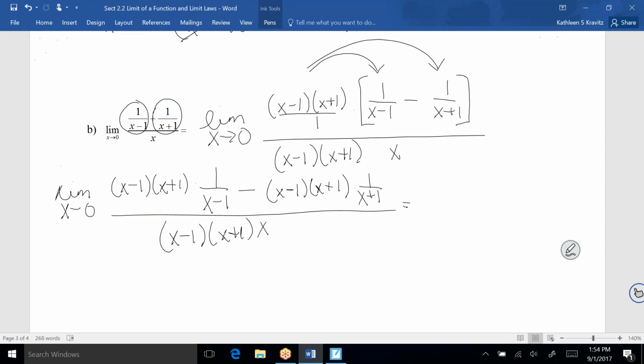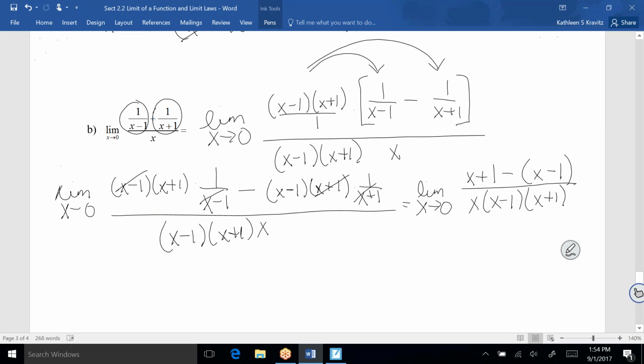Now when we multiply this first one, the x minus 1s can cancel, and we're left with, I'll write that, limit as x goes to 0. We're left with x plus 1 for the first one. And then for the second one, the x plus 1s cancel, and we're left with minus x minus 1. So we have to be careful to put that in parentheses. And then the denominator, we'll keep it factored.